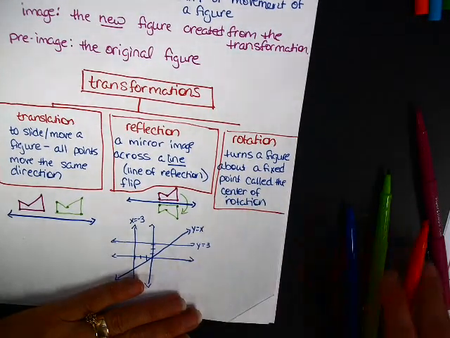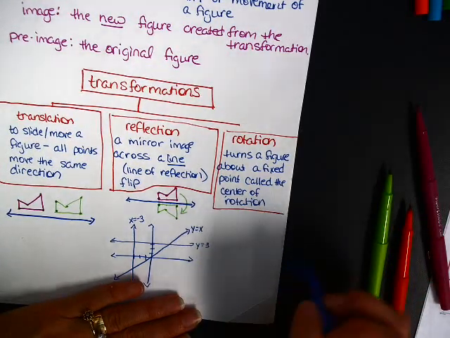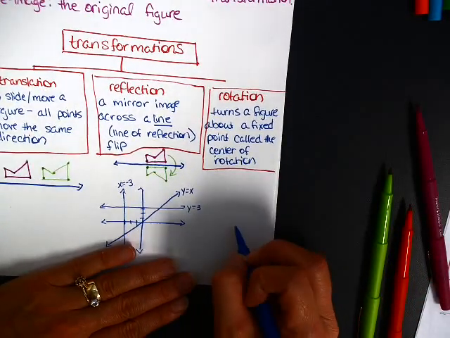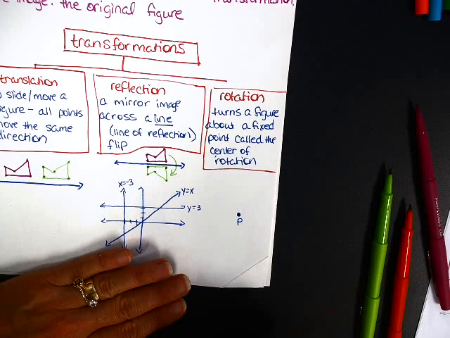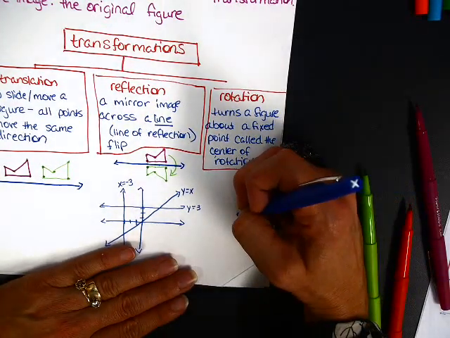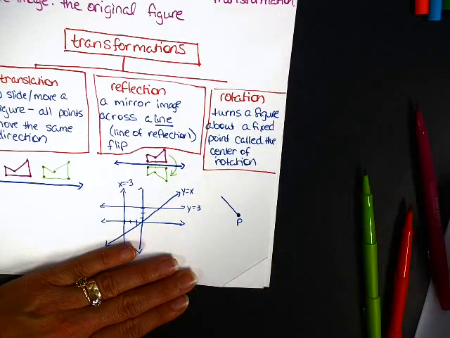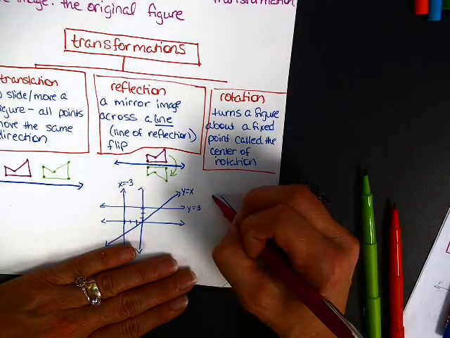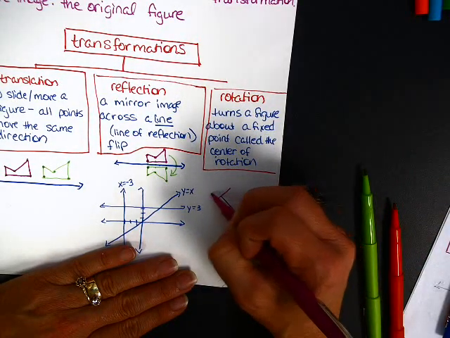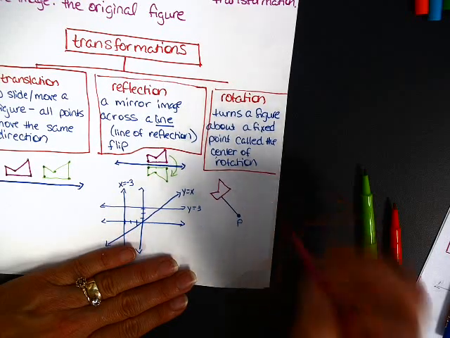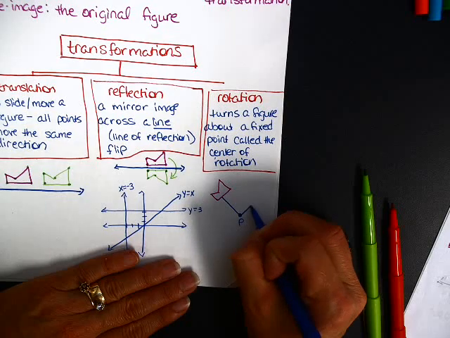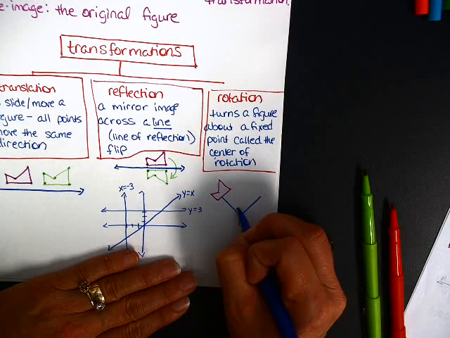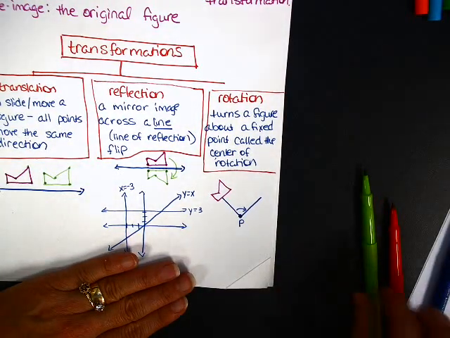To draw a picture of this particular one, for rotation I'm going to create a particular point right here. We're going to call this point P. And I'm going to take this same figure that I originally started with, and I'm going to rotate it approximately 90 degrees.